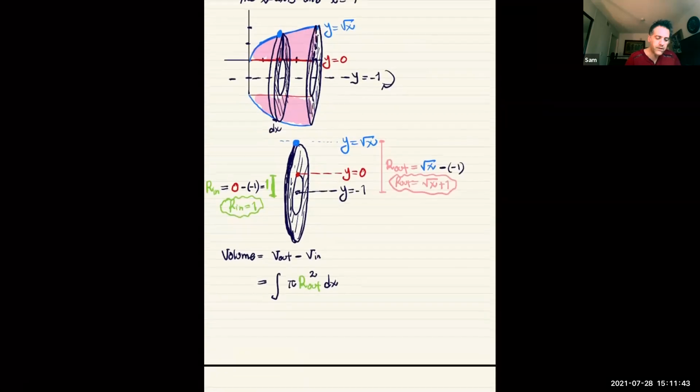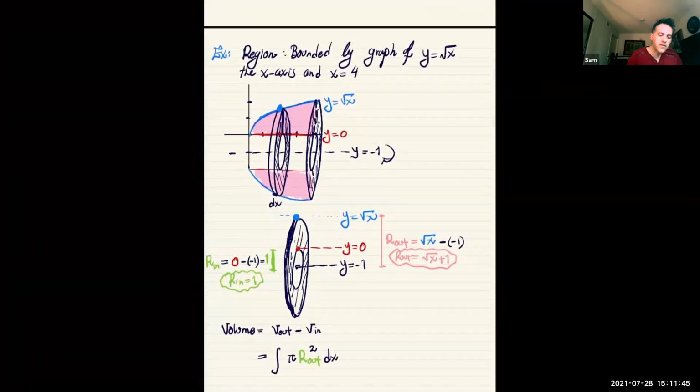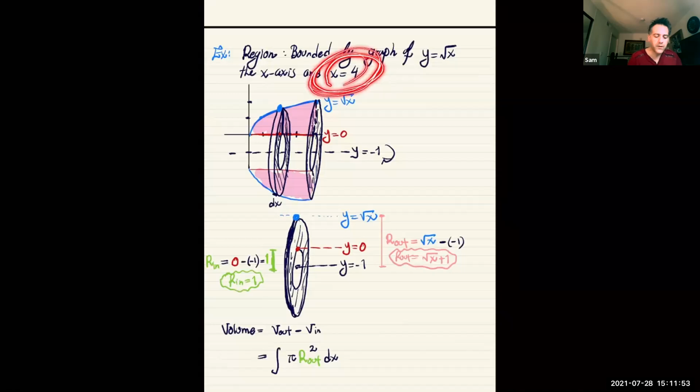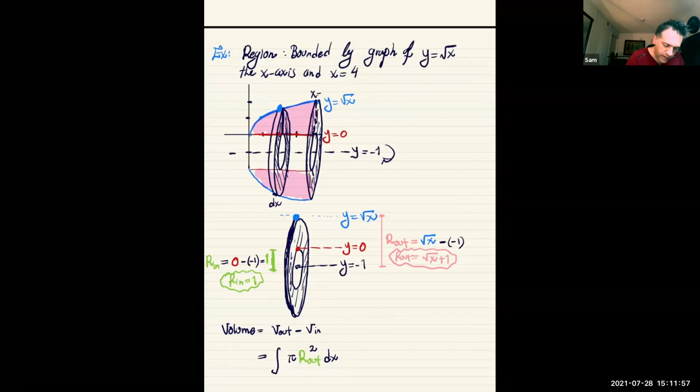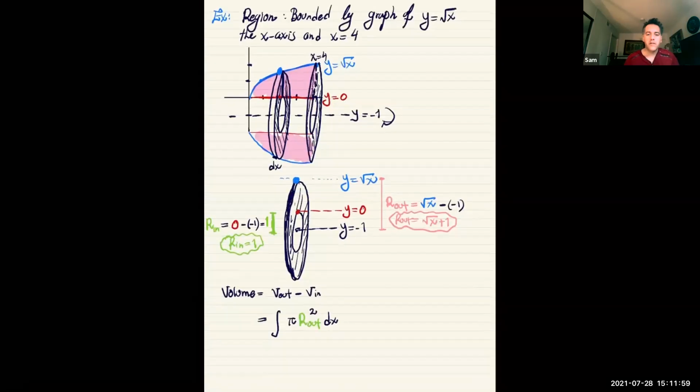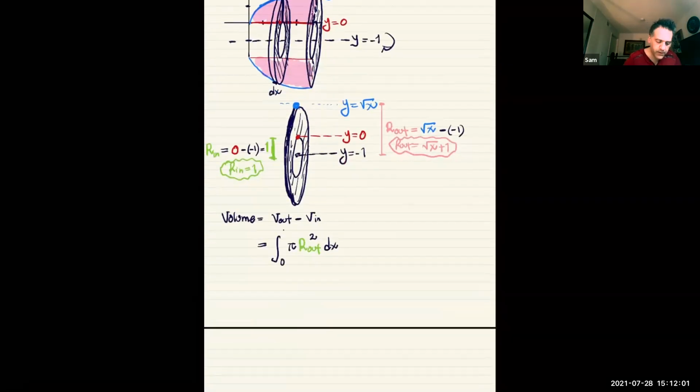And this is going from 0 to 4. This, it says x equal to 4. So this is where the washers stop. So 0 to 4, that's the outer volume. And I meant to write that in pink.